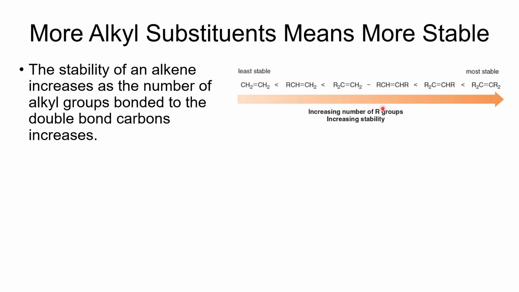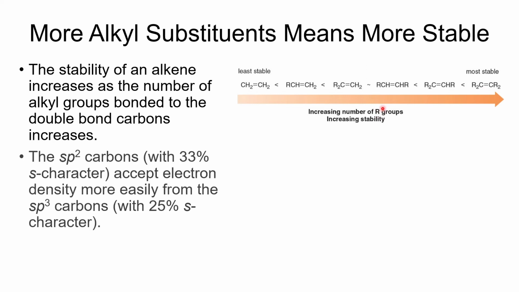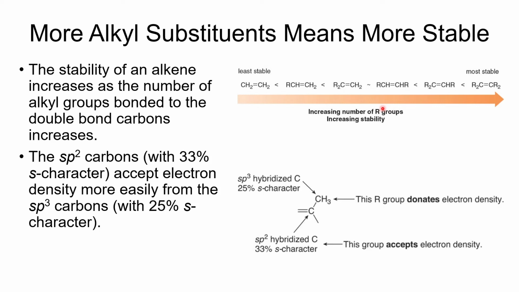Now, you may be thinking, well, why is that? Well, we'll find that the carbon-carbon double bonds like to accept electron density. The carbons in the double bond are sp2 hybridized, and they tend to accept electron density from the carbons that are sp3 hybridized. So here, there's a general tendency.